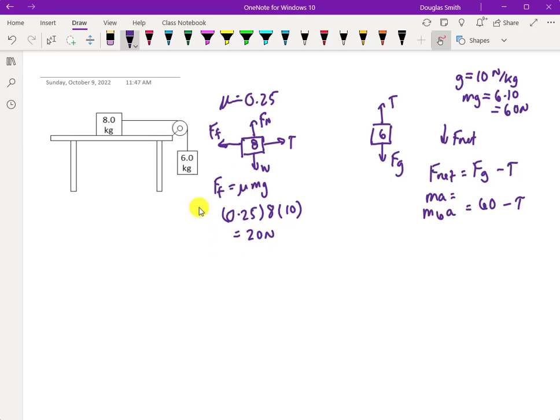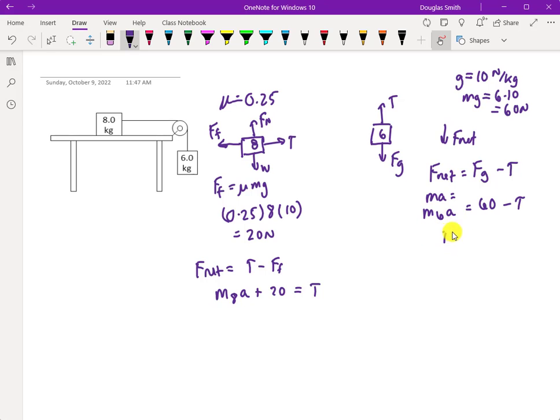If this thing is sliding to the right, then F net for this one is equal to T minus the force of friction. So in this one we have m8a plus 20 is equal to T. Now we have two equations and two unknowns. The A in both of these is the same, and the T in both of these is the same.